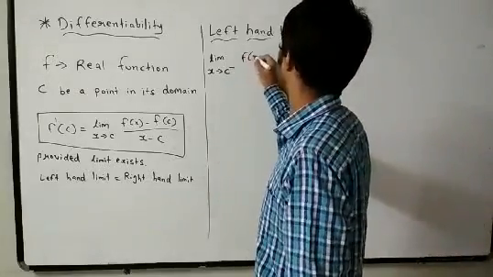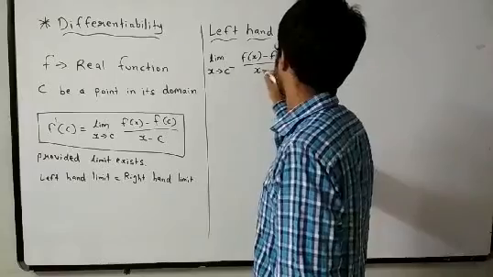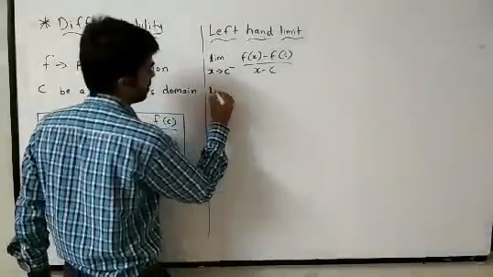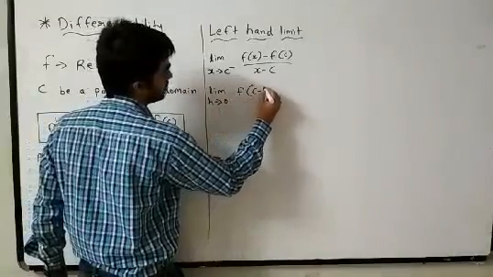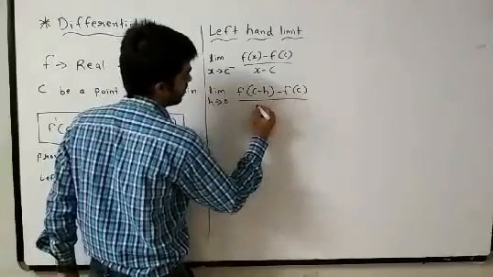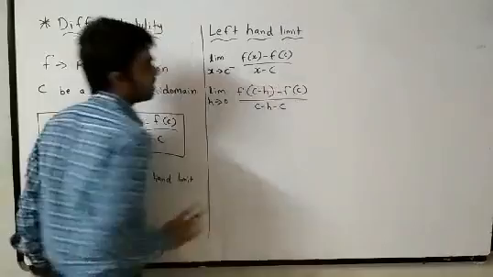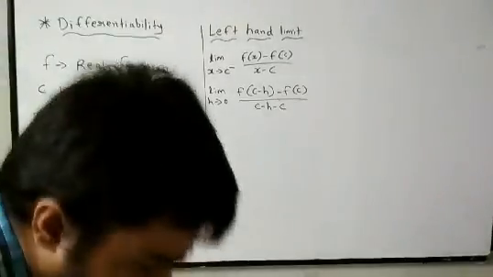This we will write as limit h tends to 0, f of c minus h minus f of c by c minus h minus c. See, that was correct only, but here in the next step we are going to write that.